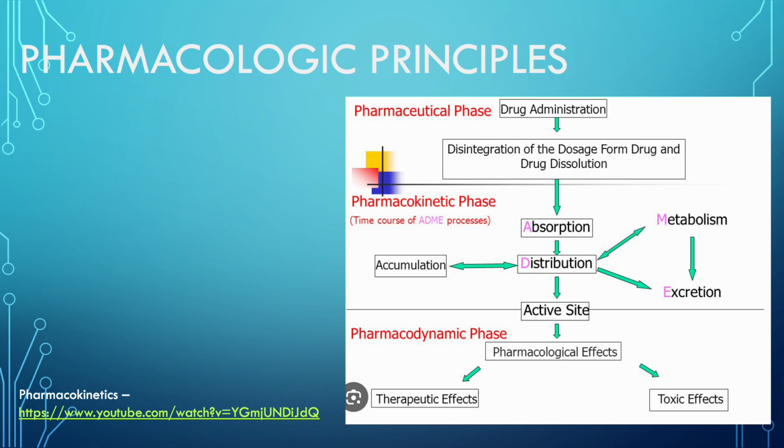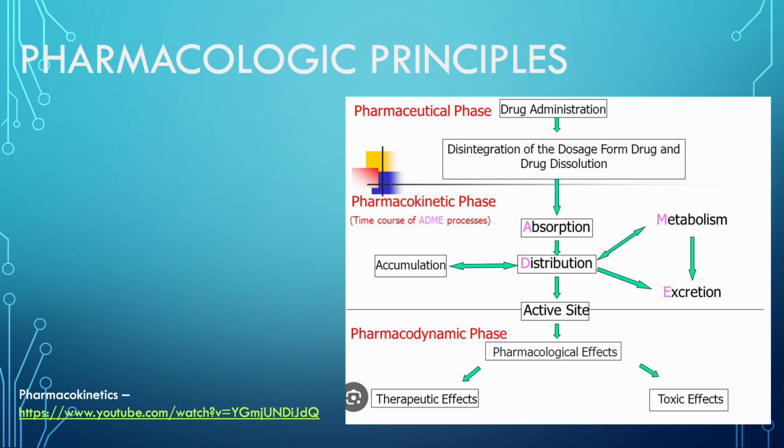I like the picture on this slide because it gives you the three main phases or principles of pharmacology, from the drug administration, how it disintegrates, and how it's different depending on which area of the body it's working on.